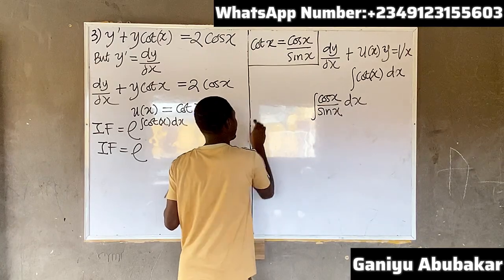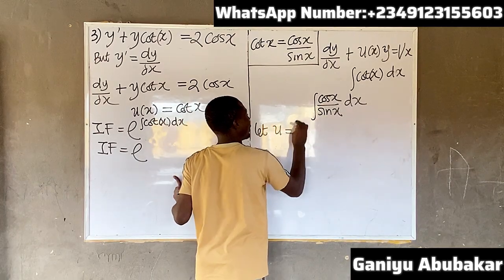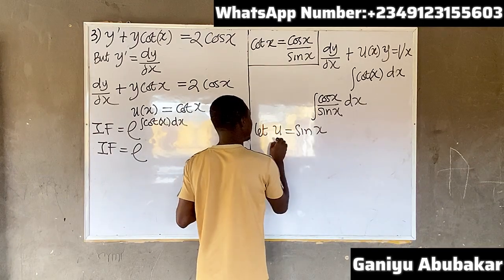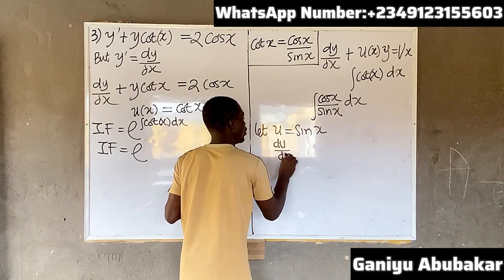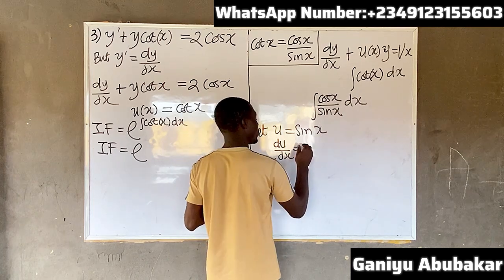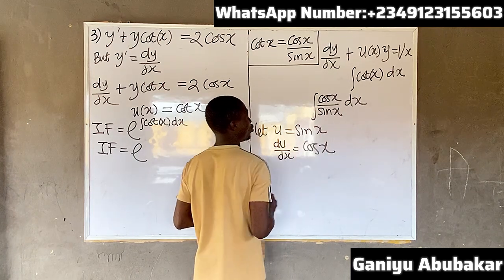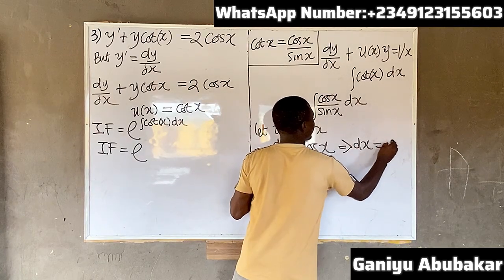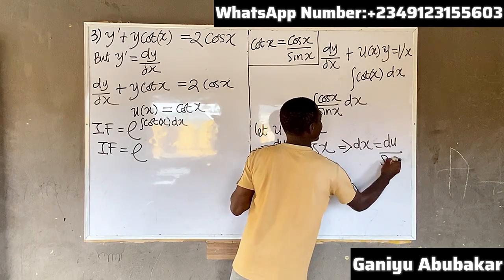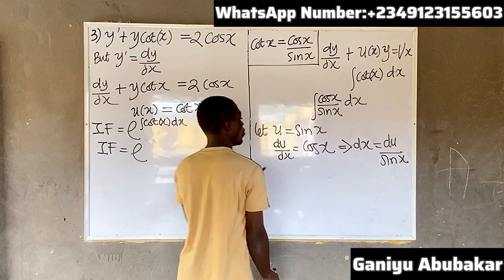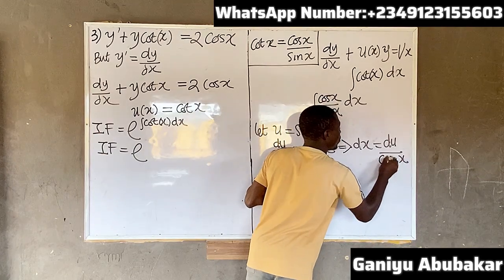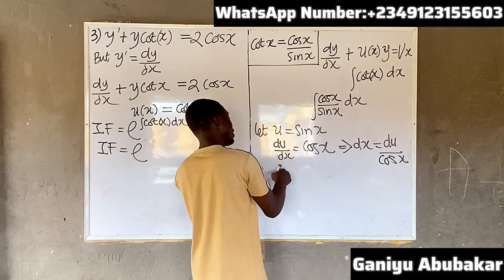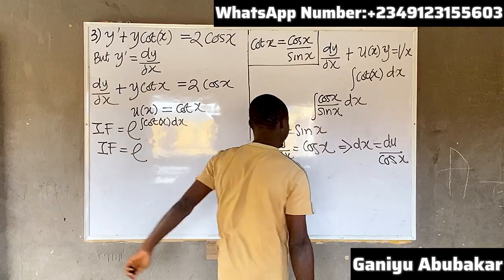My task now is let u be equal to sine x. Differentiate u with respect to x. That gives you du dx equals cos x. You should know that before now. Make dx the subject. From here, dx equals du over cos x.